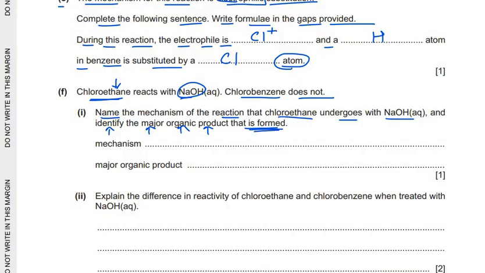To understand all this and to get its answer, we need to understand that if chloroethane, that is C2H5Cl, reacts with NaOH, then we get ethanol, that is C2H5OH. Now what is OH? We are replacing chlorine with the OH, that is hydroxide of aqueous sodium hydroxide, and we get NaCl as a byproduct.